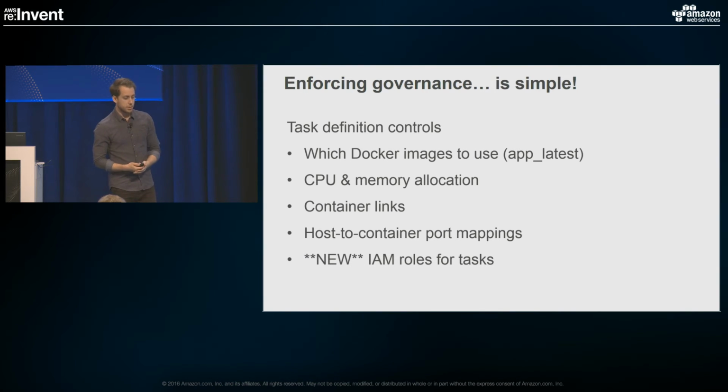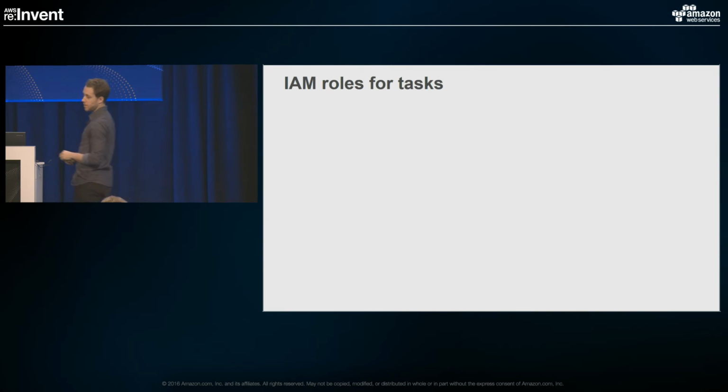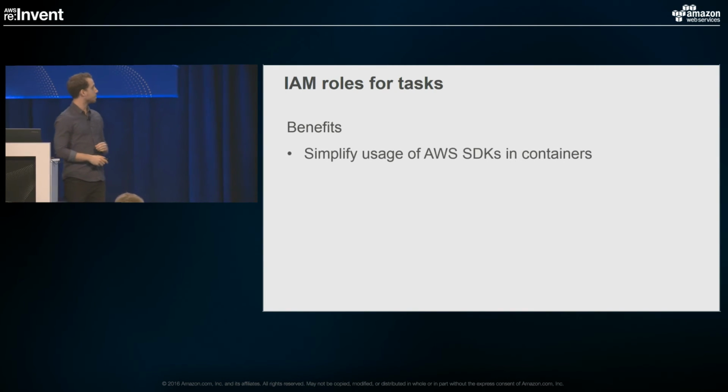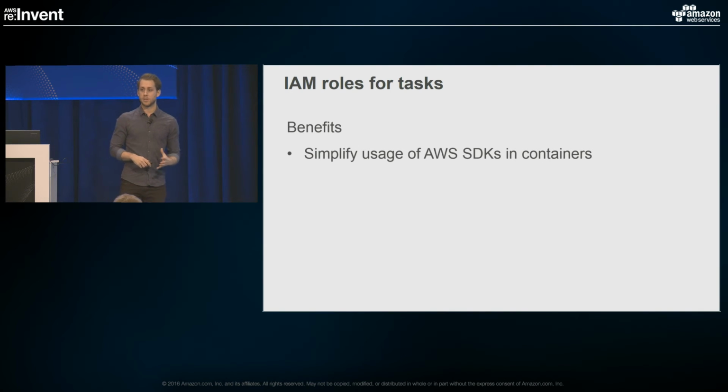And there's also the ability now to specify within a task definition which IAM role that task is going to use. And this is super useful, so I want to show you guys why. One of the first benefits is that you simplify the usage of the AWS SDKs.